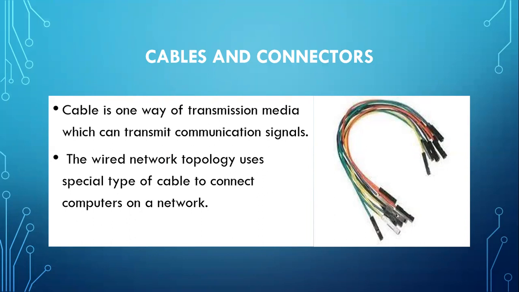Now, the wired network topology, just as an arrangement of the wired network, uses specific types of cables connecting the computers on the network. Now, there's this example of a cable that can be used for the connection of the computer network.